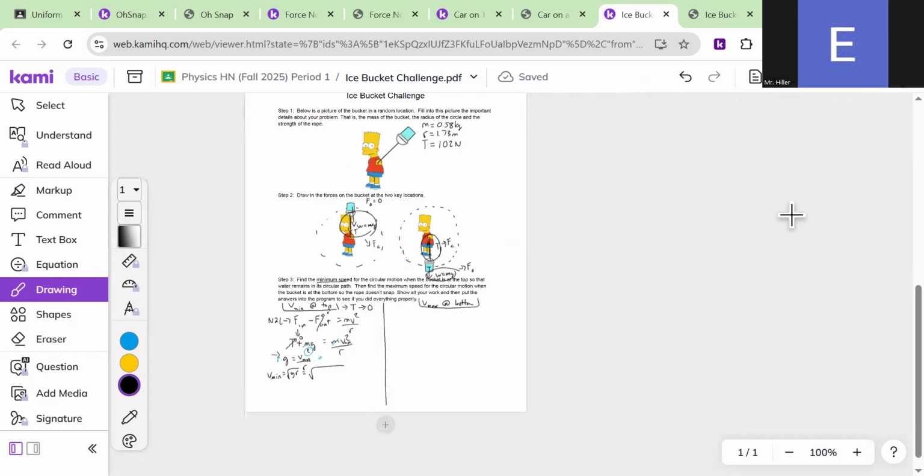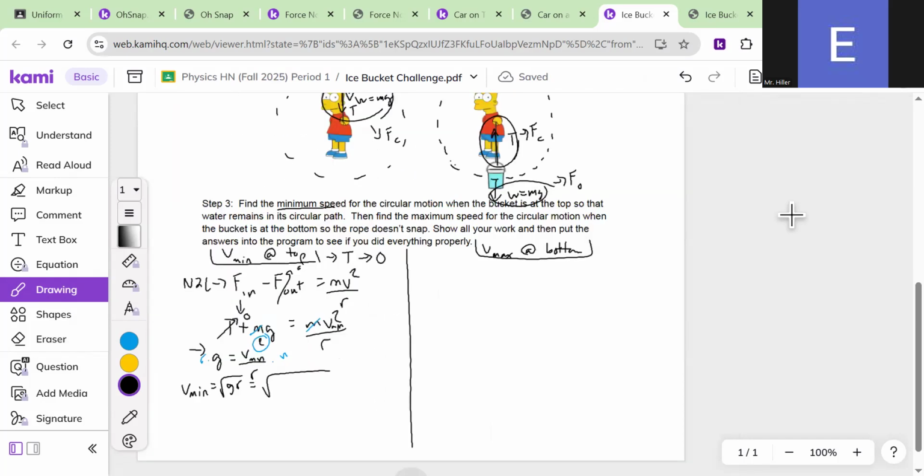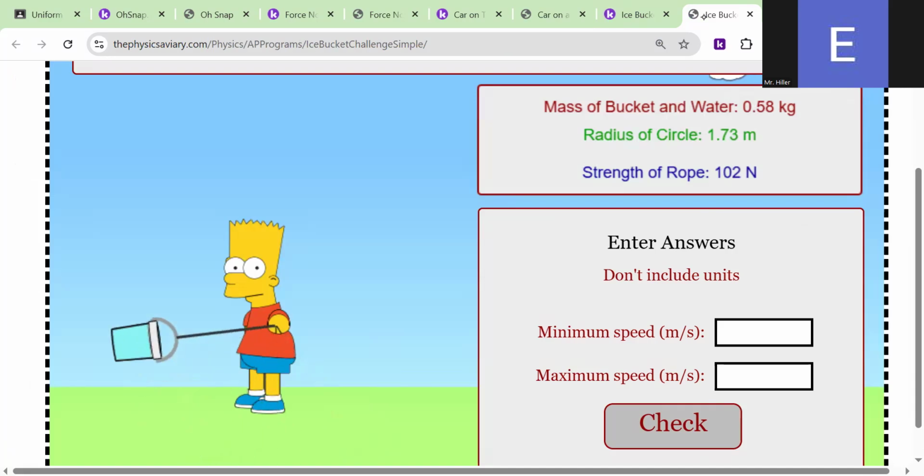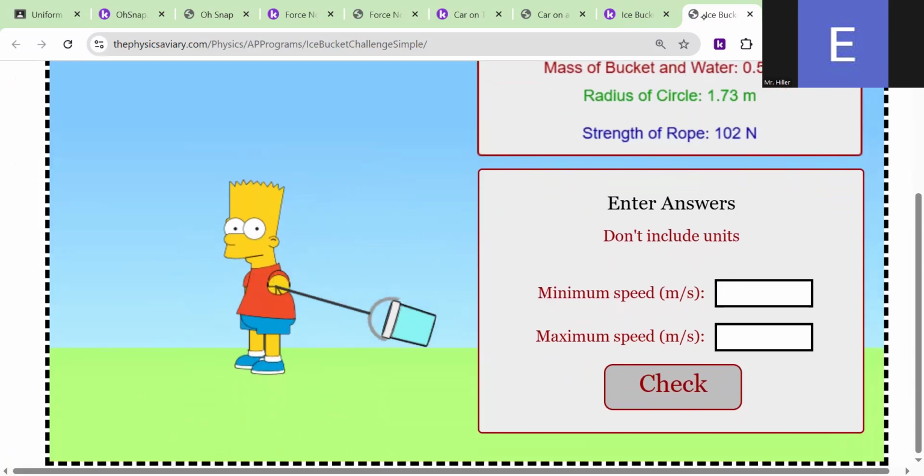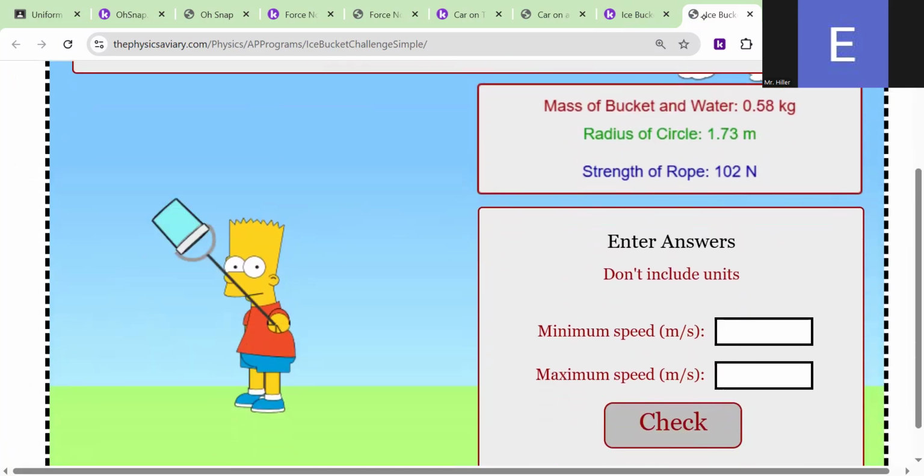Okay, got to find whether or not this is on Earth. I didn't pay attention to that. It doesn't say if it's somewhere on another planet with a different gravitational field, so we're going to use 9.8.